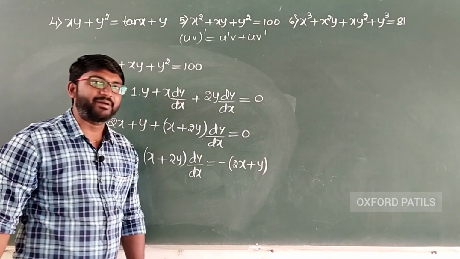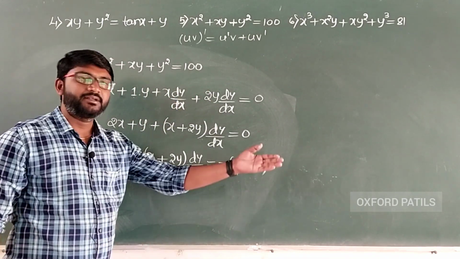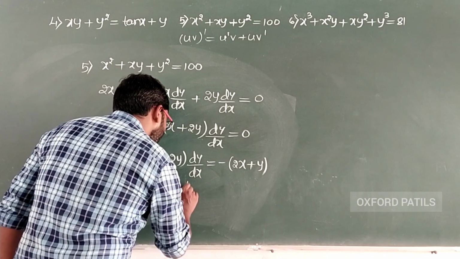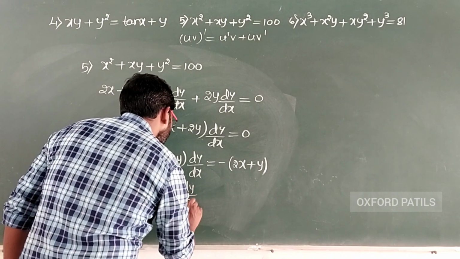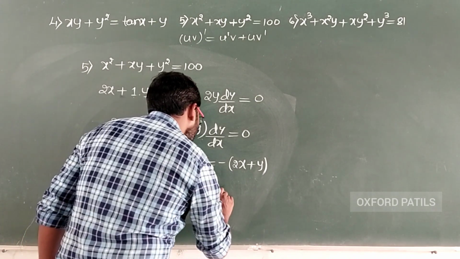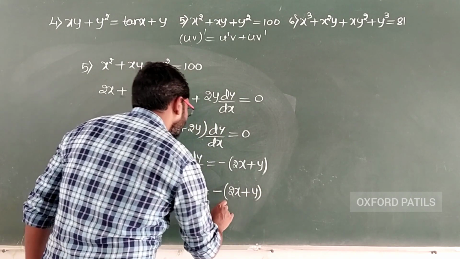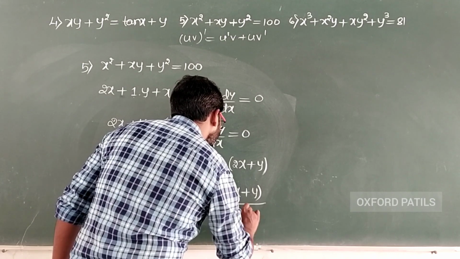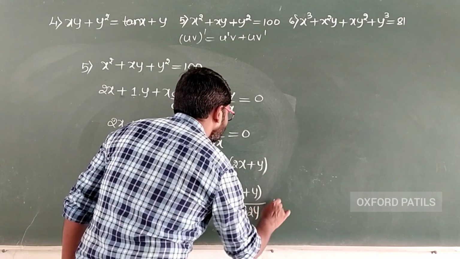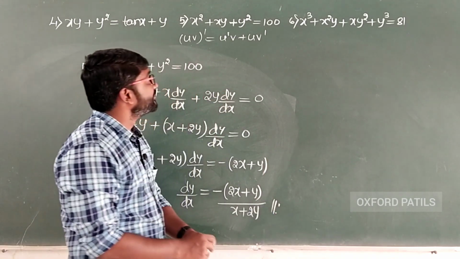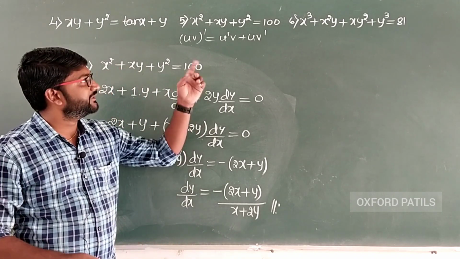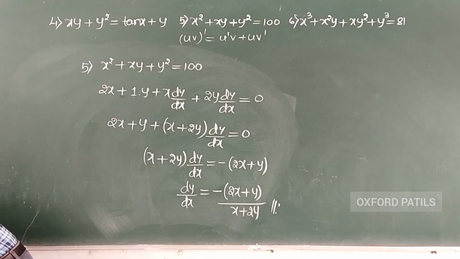Now we need dy by dx. Take this term to the right hand side. It goes to the denominator. dy by dx is equal to minus 2x plus y divided by x plus 2y. So this is the required answer for question number 5. Note down this and then we'll take up question number 6.